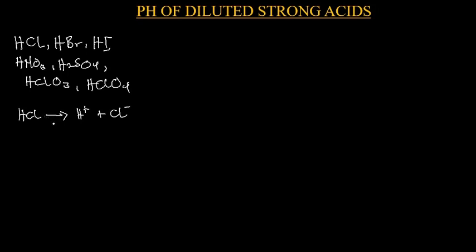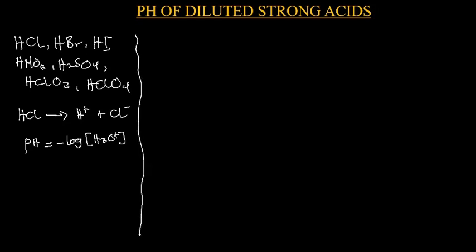Now, before we continue, let's remind ourselves that pH is equal to negative log of the H3O+ concentration. Okay, now I want us to consider 0.1 molar aqueous solution of HCl and H2SO4.